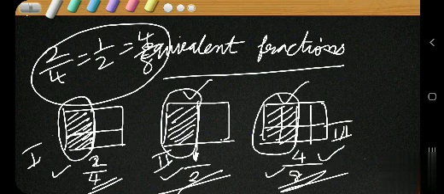Understood? From these figures it is fairly clear that the fractions 2 by 4, 1 by 2, 4 by 8 are equal even if they seem to be different.